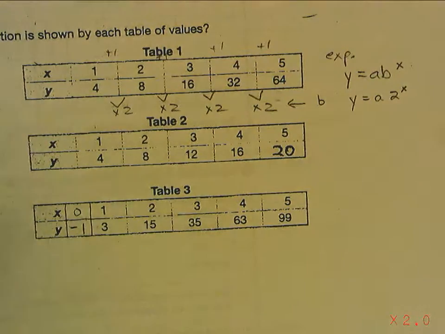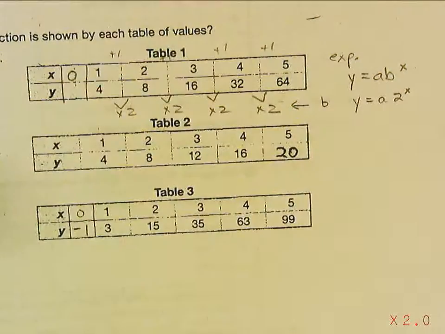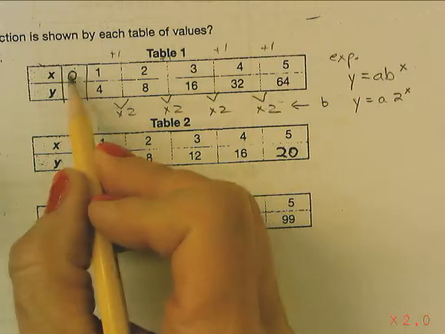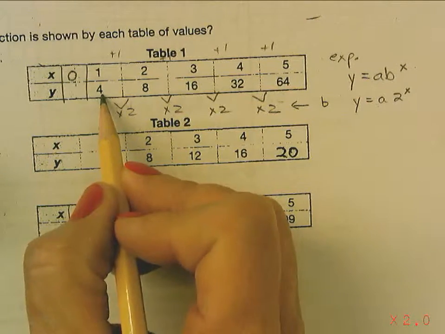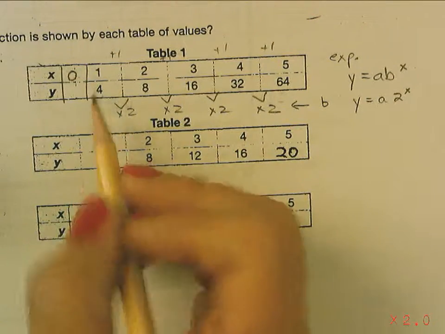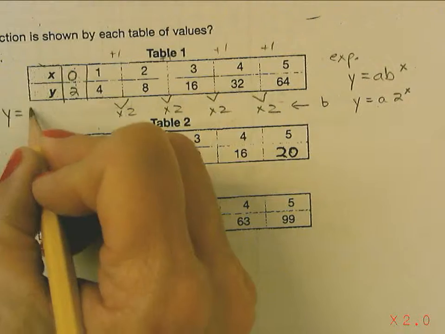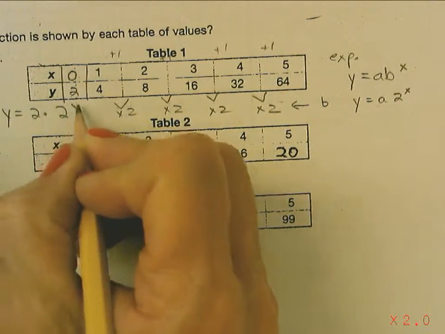So you can do this one of two ways. You can say, well, I can extend the pattern. If I go down 1, this is 0, and here I do 8 divided by 2 is 4, so 4 divided by 2 is 2. So my guess is this is y equals 2 times 2 to the x.